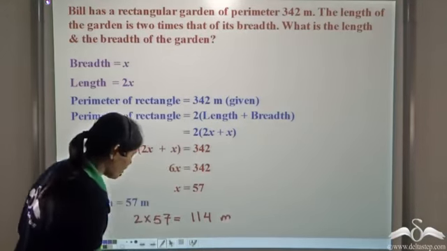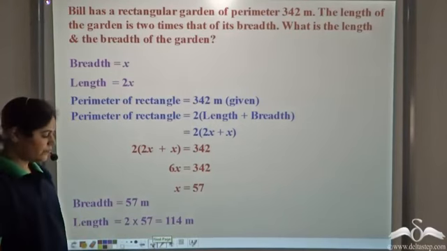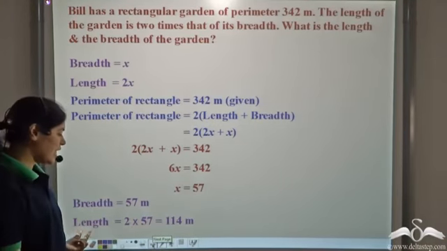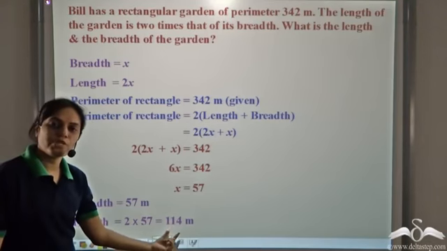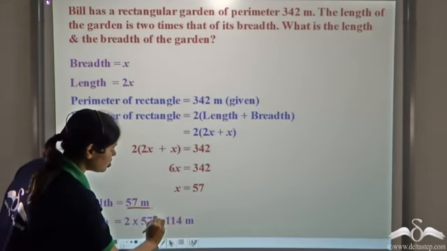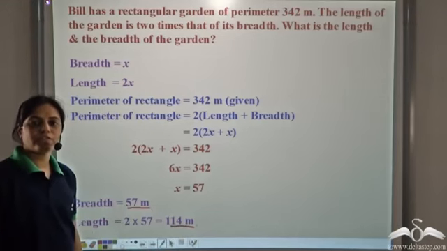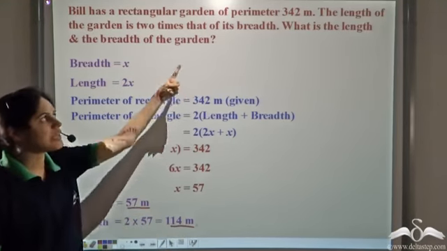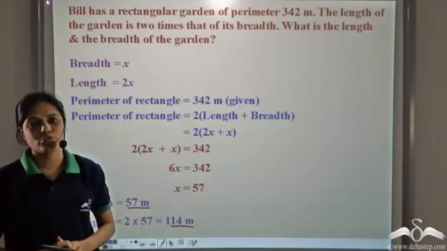So length is 114 meters. So we have breadth as 57 meters, length as 114 meters. So this is the breadth of the garden and this is the length of the garden. You can find the perimeter and check, you'll get it to be 342 meters.